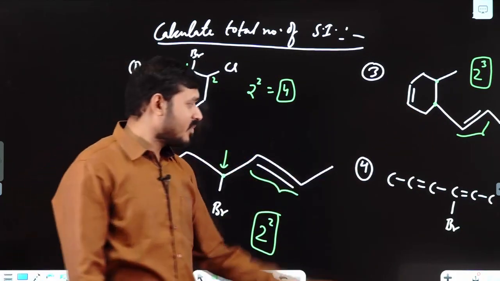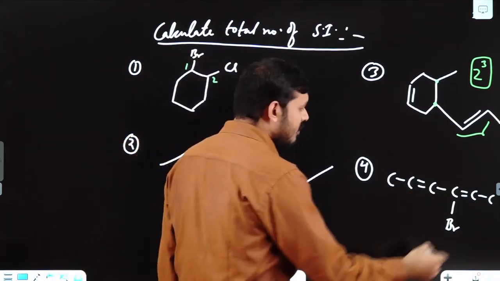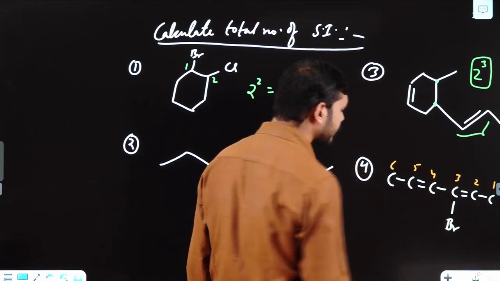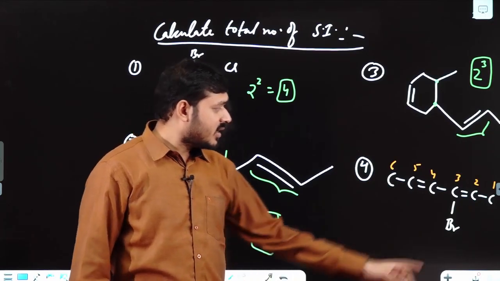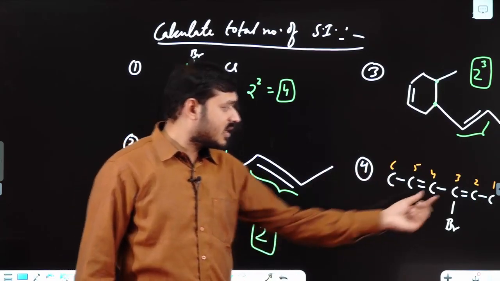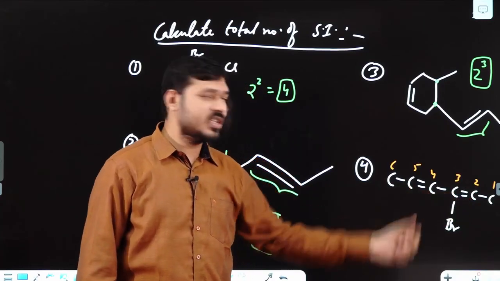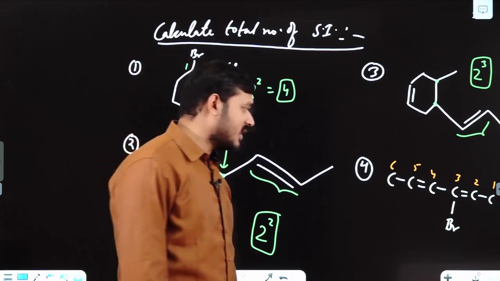Okay, now check this one. See, this is a case where you can make numbering from this side only. Okay, now here what I can see, there is no chiral center, but yes, this pi bond is showing geometrical isomerism and this pi bond is also showing geometrical isomerism. Clear? So what are the possible cases?